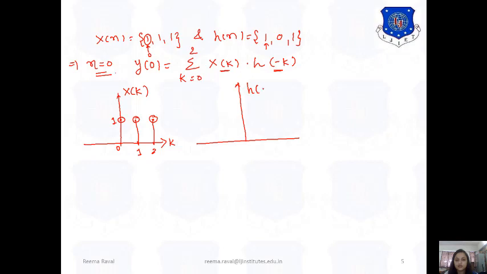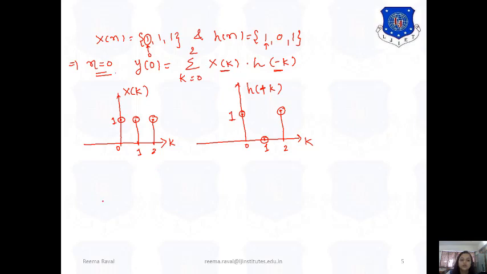So this is h of minus k versus k. This is the 0 position where the value is 1. Then for position 1 the value is 0, and in position 2 the value is again 1. So it will be like this. So this is not h of minus k, this is h of plus k, right? Because we have plotted the sequence exactly according to the given h of n.